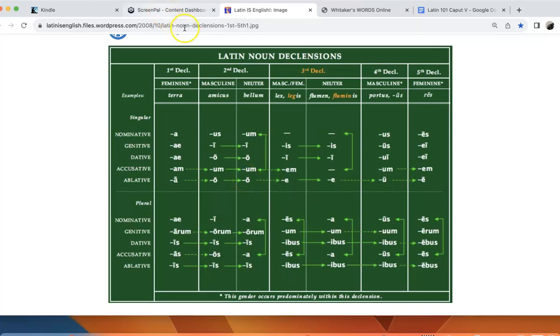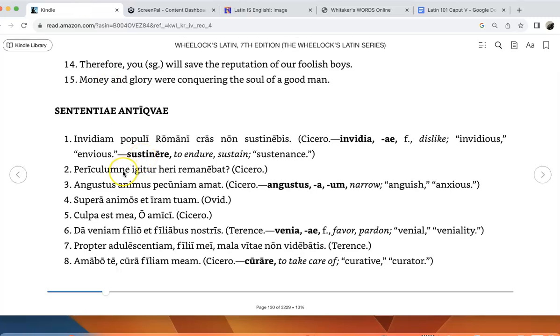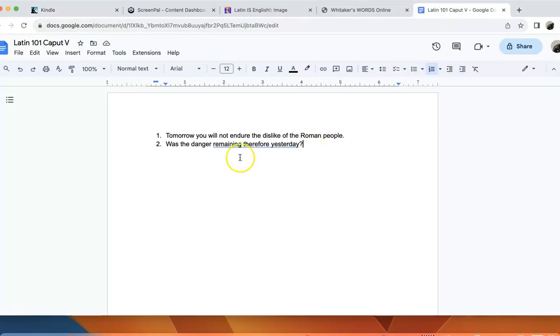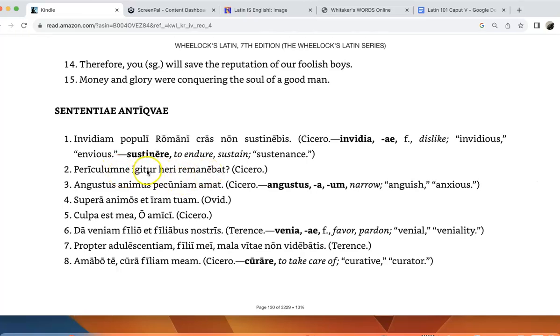And the context here could be either singular, nominative or accusative. It's probably the subject here based on the context. We would need a little bit more context, but we can say it probably is the subject. So was the danger remaining? That's periculum ne remanebat. And then igitur means therefore, and then heri means yesterday.